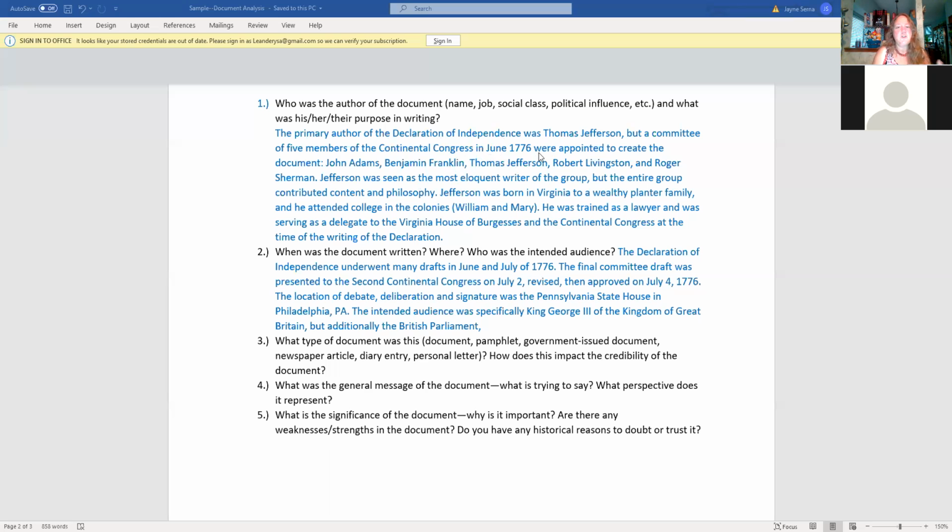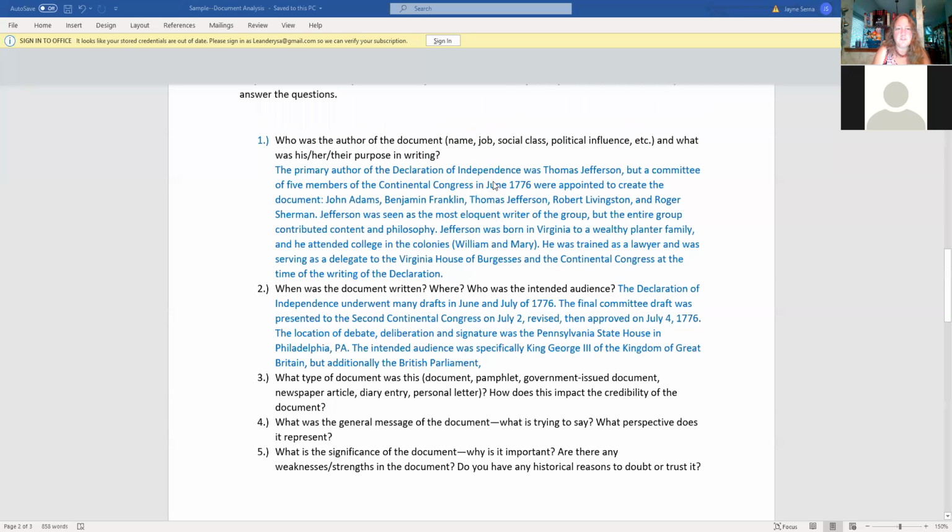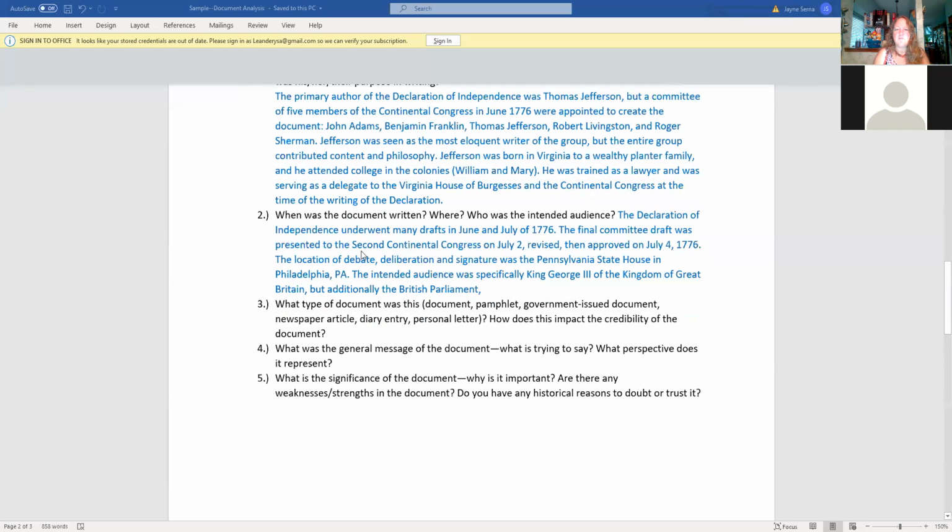So I don't talk about Thomas Jefferson as president or the Louisiana Purchase, because he wrote the Declaration of Independence in 76, and he hadn't done all the cool things yet. So I talk about him as he was at the time the document was written, and when and where it was written, and the intended audience. I was mid-sentence when I saved this, wasn't I?